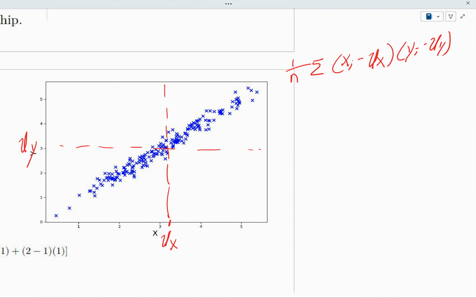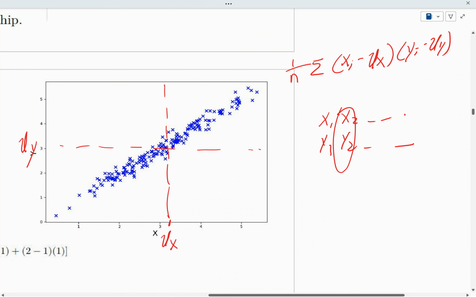Now, as we go through the list of pairs, x1, y1, x2, y2, and so on, let's say we pick a point x1 that is above the mean. What's likely going to happen?